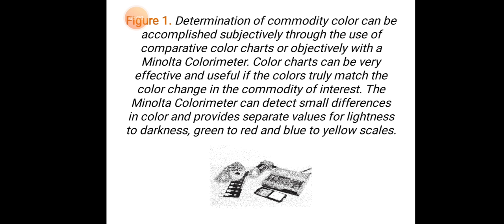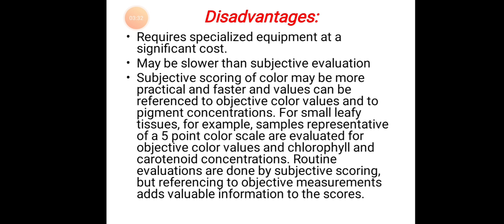The Minolta colorimeter can detect small differences in color and provides separate values for lightness to darkness, green to red, and blue to yellow scales. Disadvantages: requires specialized equipment at a significant cost, may be slower than subjective evaluation.